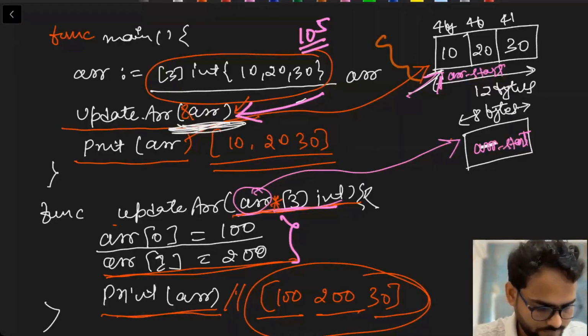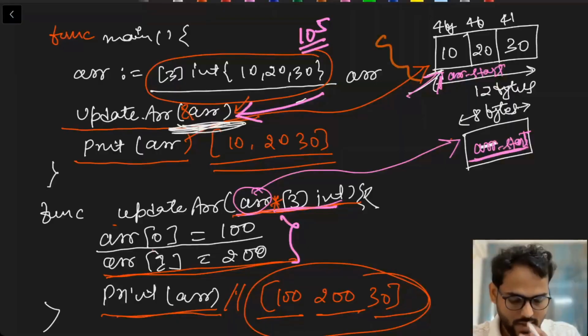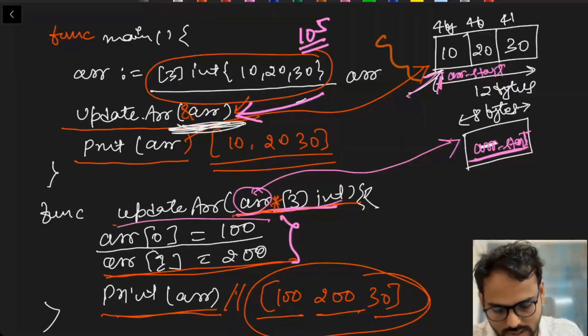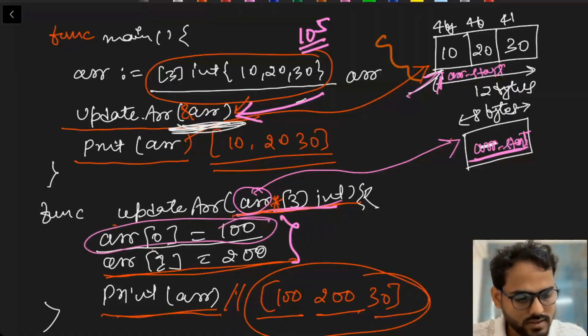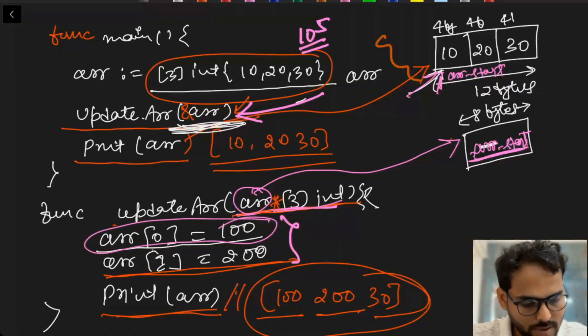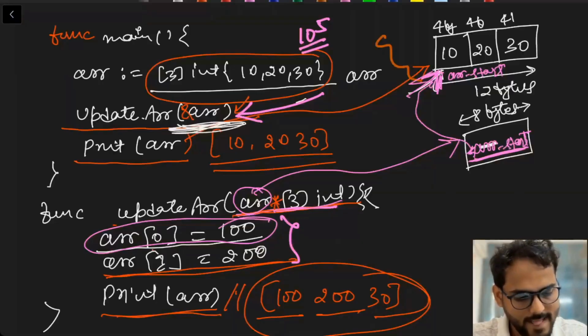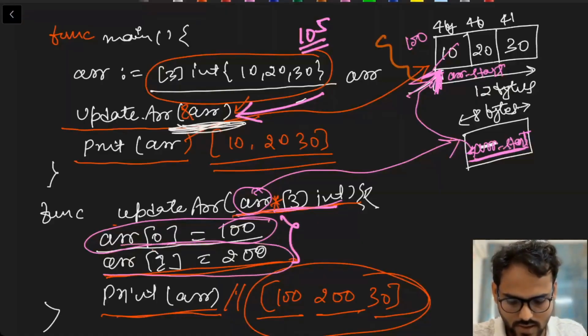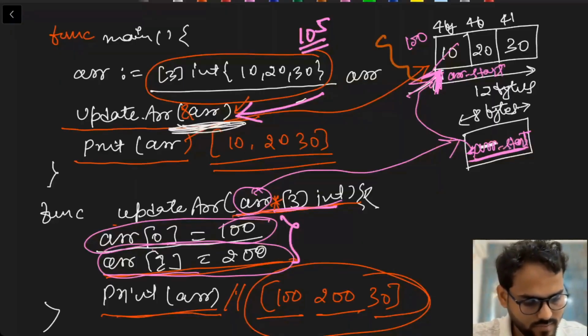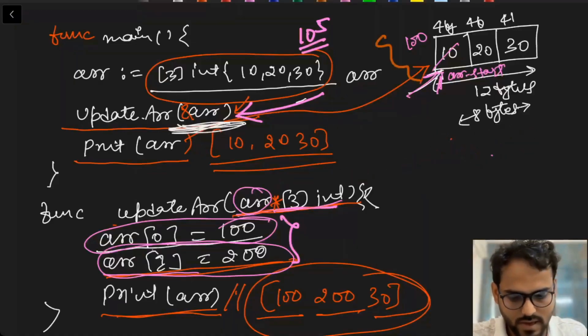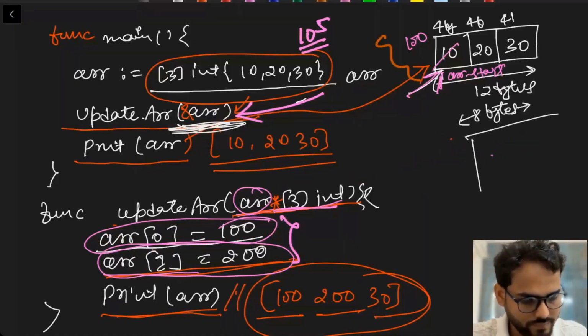Okay, so we'll have array start here, and when the control comes back to this array, it basically has this data. It has an address, array start, and when we try to execute this first statement, what Go does is it goes to the memory location stored here and then updates the element. So instead of 10 we'll have 100. Similarly for this second statement, array1 is equal to 200. As this is not very clear, let me create a bigger box.